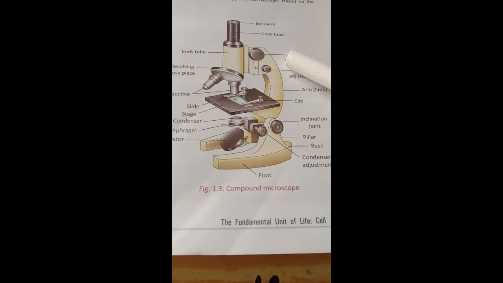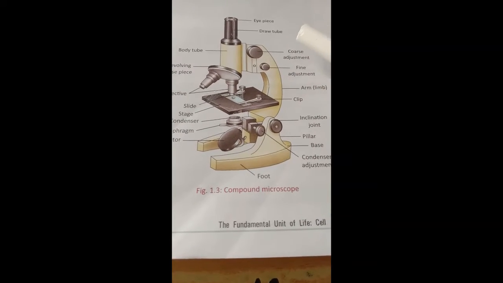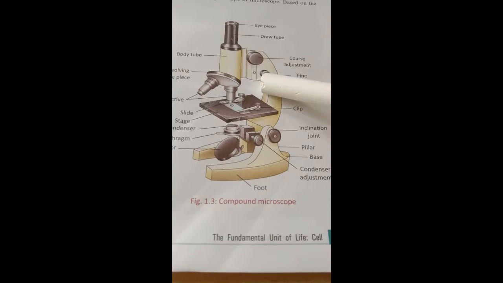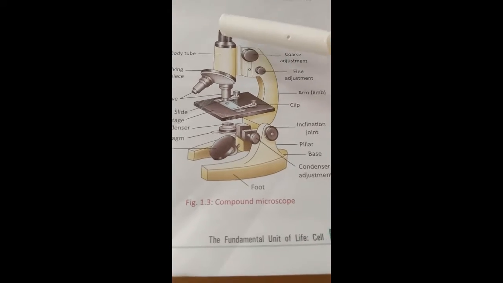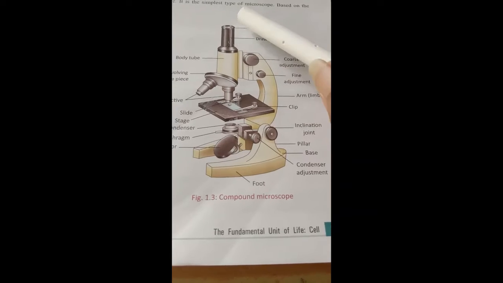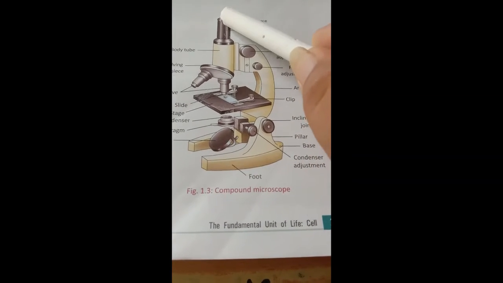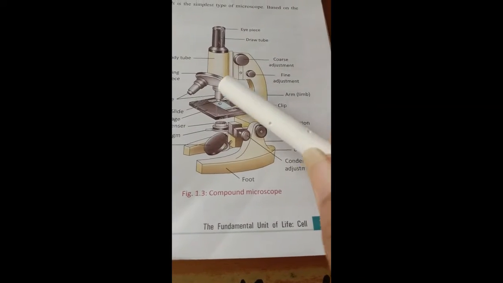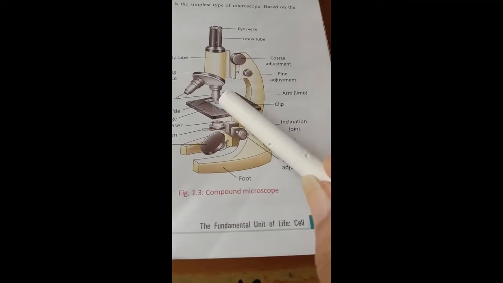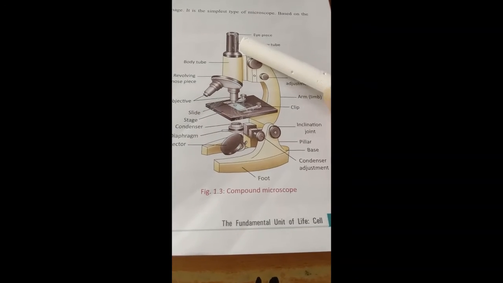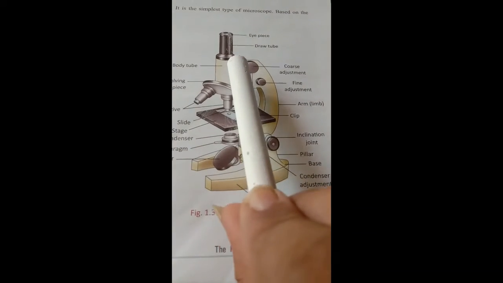In our textbook also you have this, but it is a little faded in color, so I am showing you from another book which I have. This is the eyepiece. From here we adjust our eye and see the object kept over here, which will be seen in a magnified manner, that means in a larger manner, right? Now what is this?